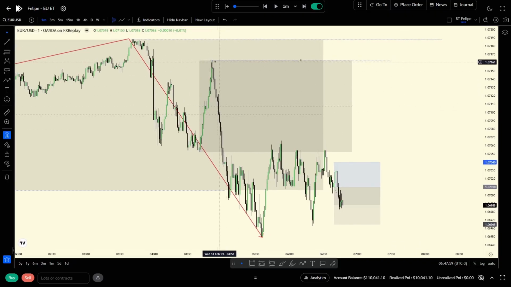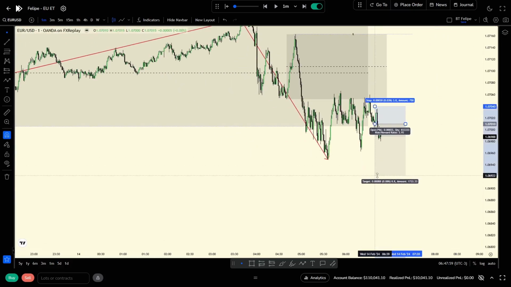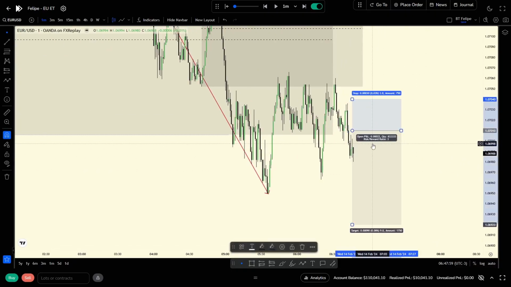The only liquidity is the high itself. So maybe this can work. Price is not too far. The TP is not too far away. This one looks better to try.